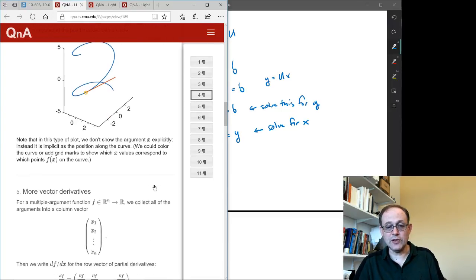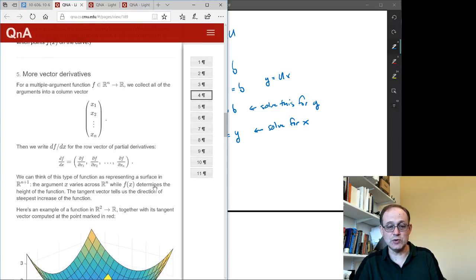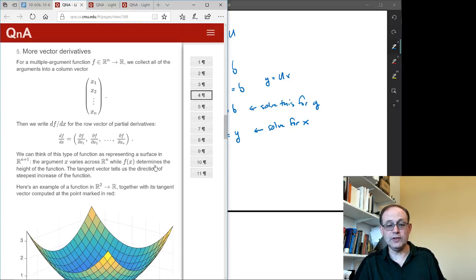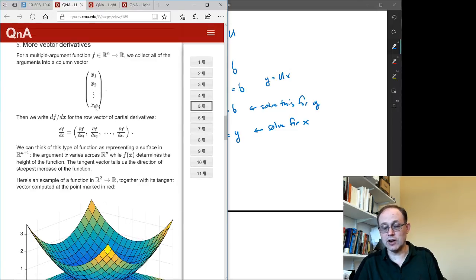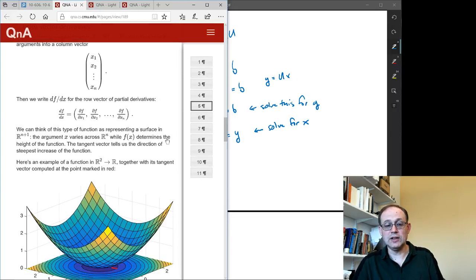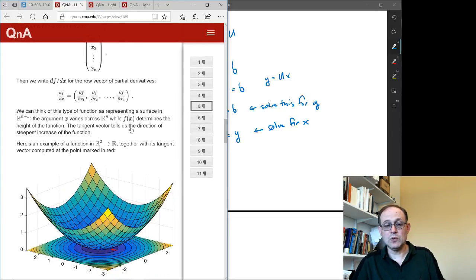All right, the other way we can have a vector is as the input to a function. So this is a function from R^n to R. We collect all of the arguments into a column vector with components x1 through xn, and we say that the derivative is the row vector of partial derivatives. Here we can think of it as representing a surface in R^(n+1). The argument varies across R^n while f of x determines the height.